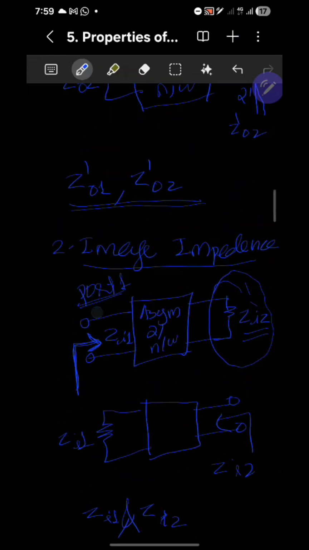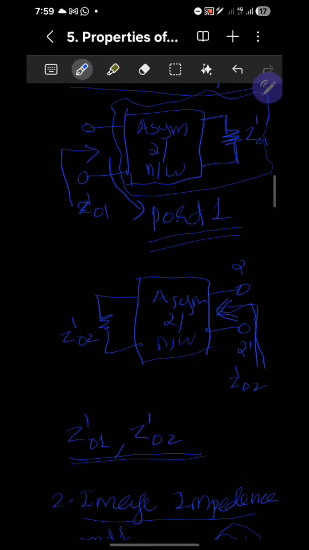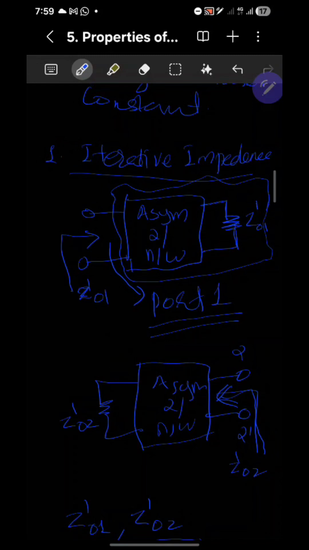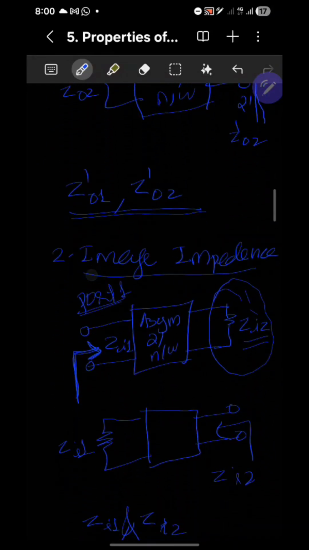So here what we have seen, for representing a characteristic impedance, here we have two impedances. In the case of a symmetrical network, there is only one impedance because the property will be the same on both sides. Here, in order to represent the impedance, we require two parameters: iterative impedance and image impedance.